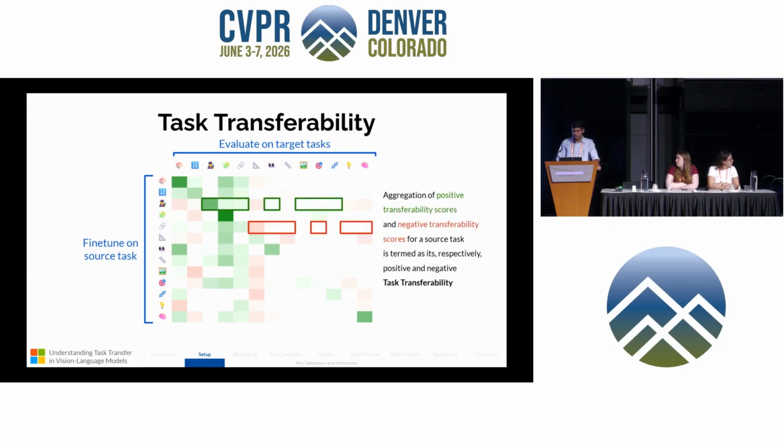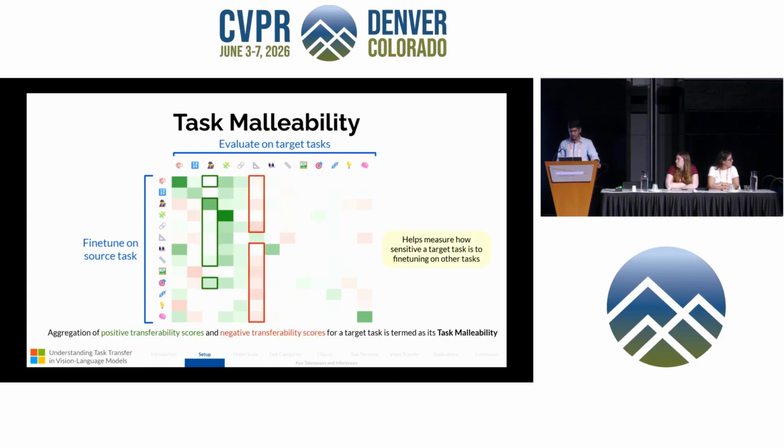So using this transferability score, we can also define task transferability. The aggregation of positive transferability scores in a row is termed as the positive task transferability. And similarly, we can define negative task transferability. These give a general sense of how the source task functions in the transfer ecosystem. We also introduce another term called malleability.